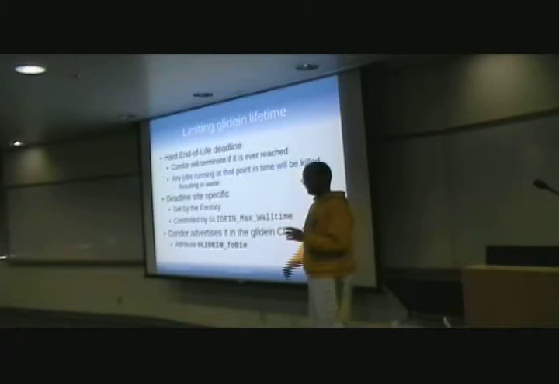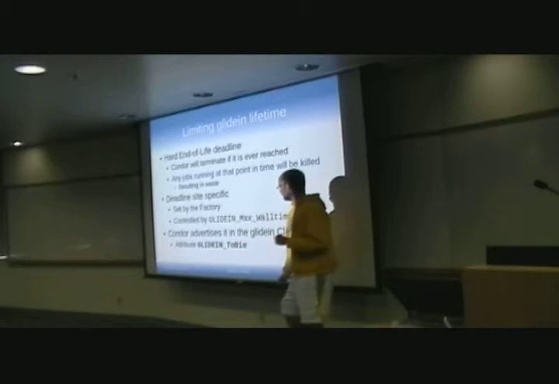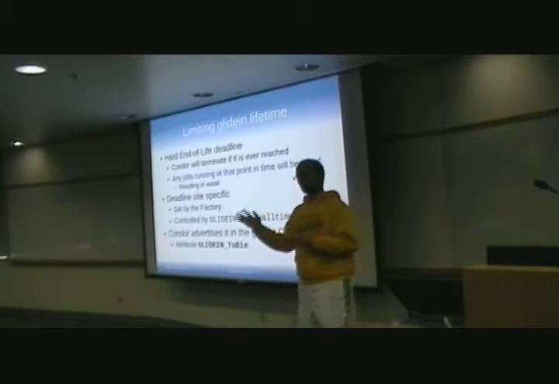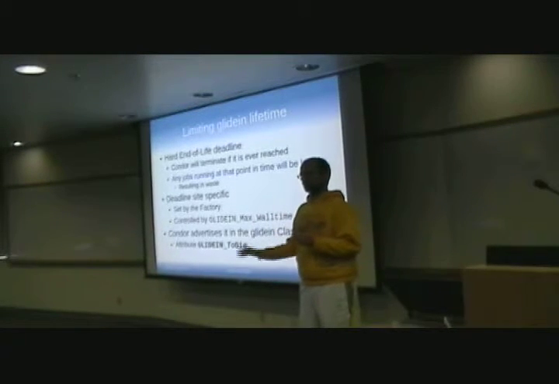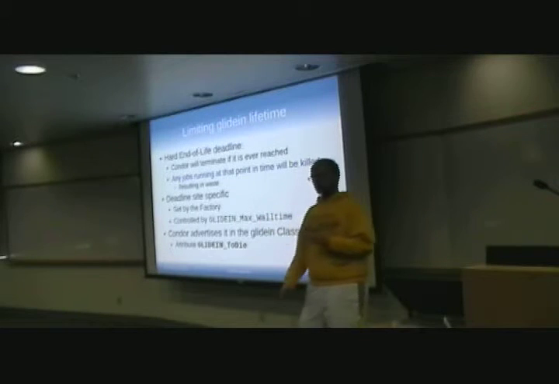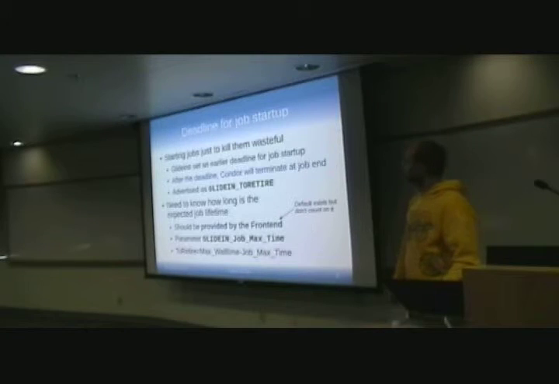And once the glideins start, they will advertise an attribute in the start class ad that is GLIDEIN_ToDie. This is the Unix timestamp where the glidein will go away. So when you do any kind of matchmaking, you want to refer to that to make sure you never reach it.